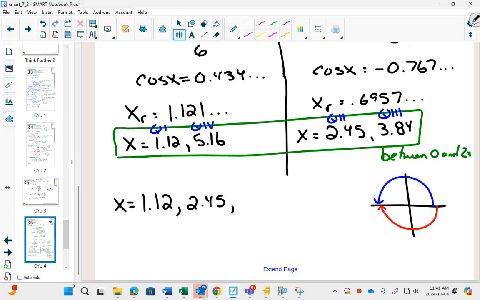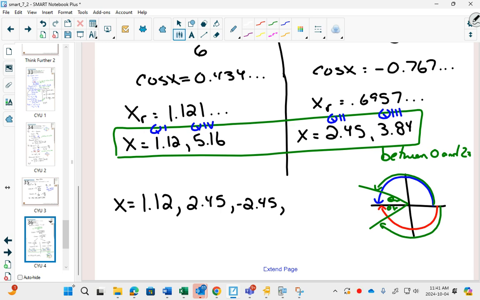There's a little bit of a shortcut in this one. Does it make sense that if I know the quadrant 2 one with this reference angle is 2.45, and if I have the same reference angle in quadrant 3, but now I'm going negative, can you see that that's identical as far as distance goes? So I can write that one as negative 2.45.